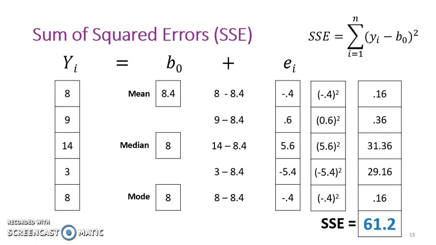For example, we can see here in the column all the way to the right that there are 2 relatively large errors in opposite directions for the scores 14 and 3. Those are given more weight and are similar in size because they are similar distances away from the mean. Summing these squared errors gives a sum of squared errors of 61.2.